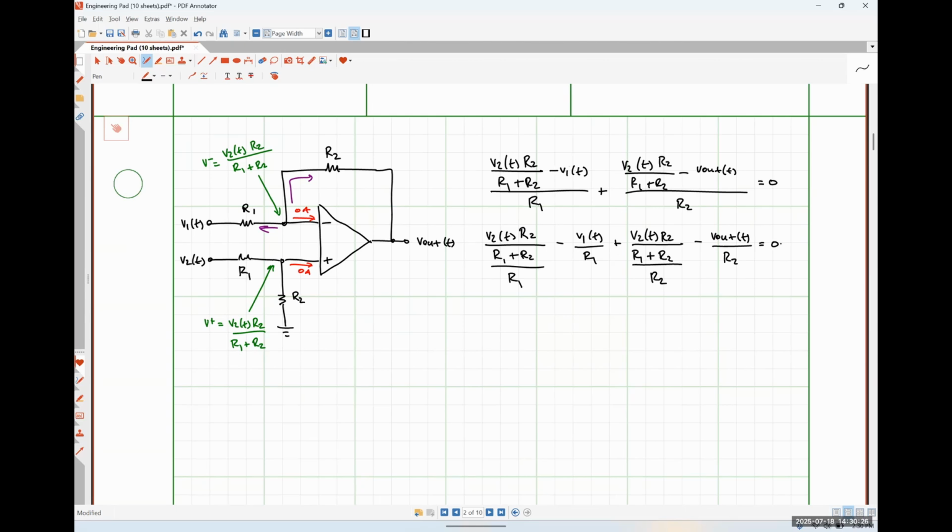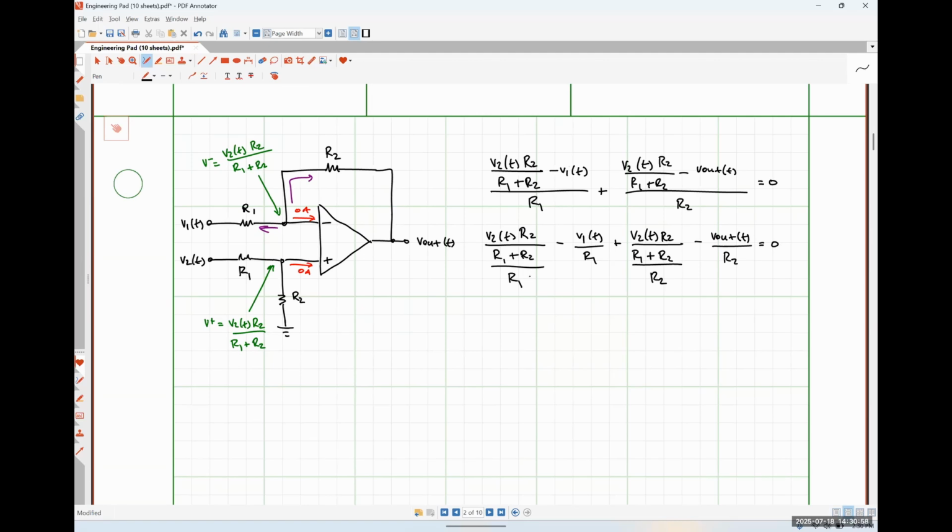So before I move on to a different step, is everybody okay with me distributing that denominator? Now we can make sure I haven't made any errors here. No. Okay.